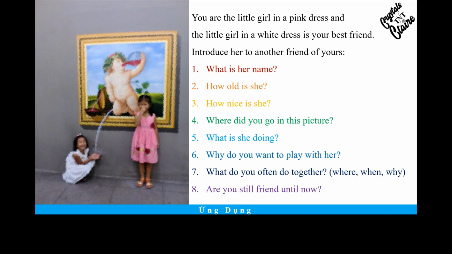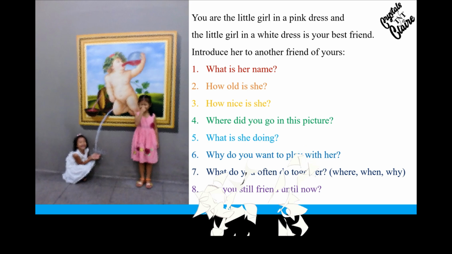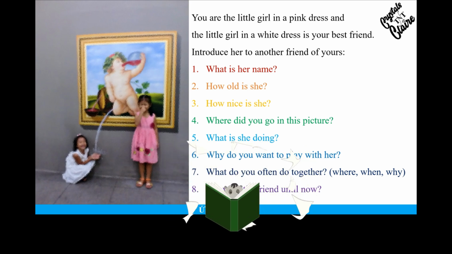Okay, so look at here. I am the pink girl. I am the girl in the pink dress. Hello everyone. Today I will introduce my friend. At that time she was 7 years old. She's a nice girl.